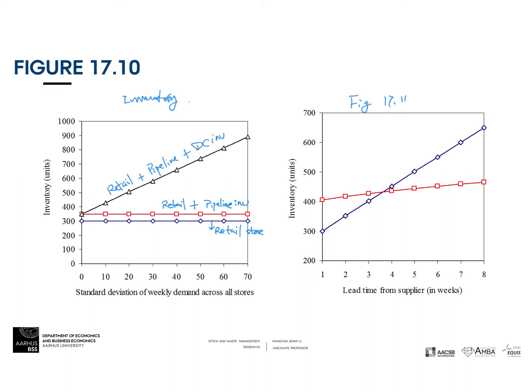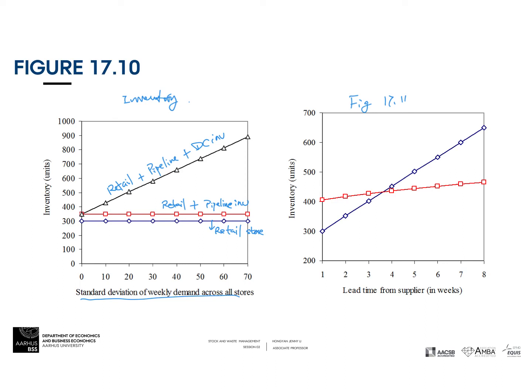So when you increase the standard deviation of the demand across all stores, of course your distribution centers standard deviation will increase. So that's why your total inventory will increase. So here we can see the most important inventory is your distribution centers inventory.